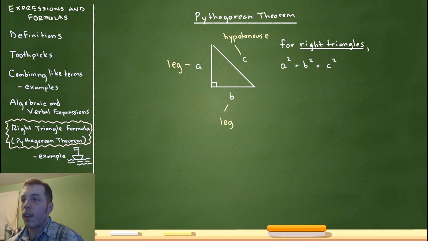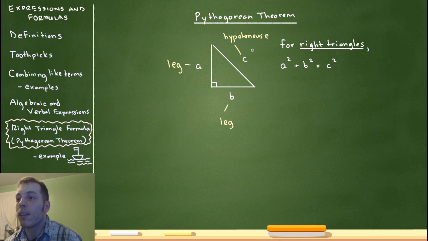So c is the hypotenuse of the triangle. The hypotenuse of a right triangle is always going to be the longest side of the triangle. Now, this formula says that one of the legs squared plus the other leg squared is equal to the hypotenuse squared. Okay?